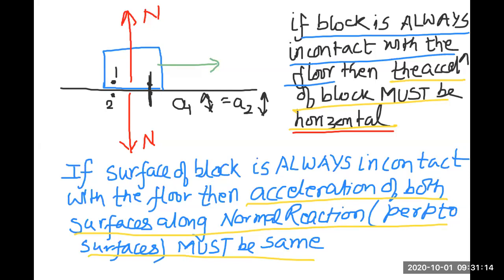That means that if you keep your hand always horizontal, then the vertical acceleration of your hand and the vertical acceleration of the object that you've kept on your hand is always the same.